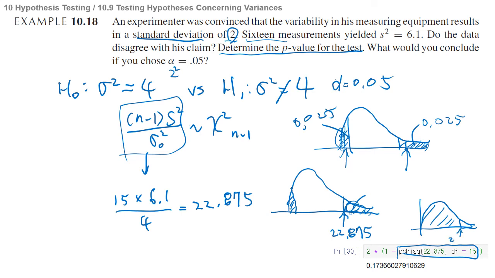Here this part is 22.875, and so 1 minus p chi-square of this thing will calculate the area of here, and we have to double this area because this is a two-sided test. So you are multiplying 2 here, and you get this number. So this is your p-value.